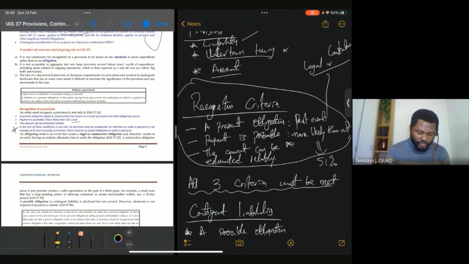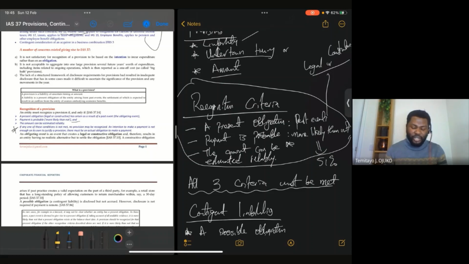Then you disclose. An intention to make a payment is not enough on its own to justify a provision. There must be an actual obligation to make a payment. So please take note of that.